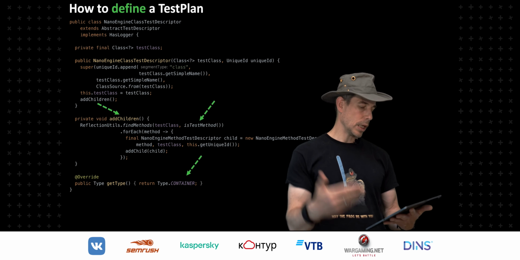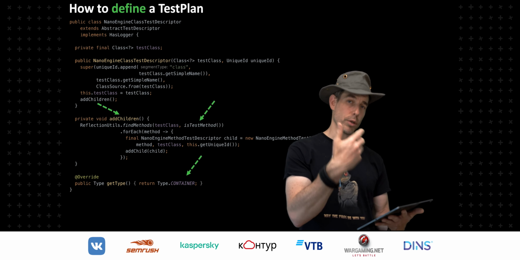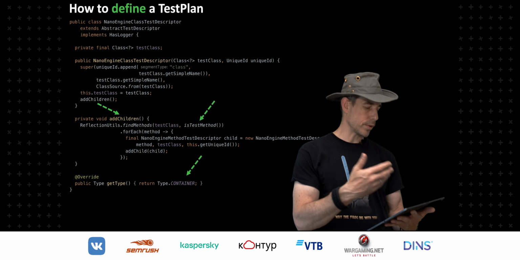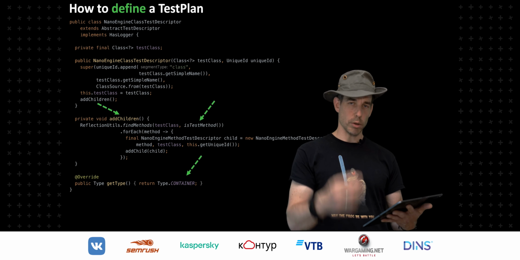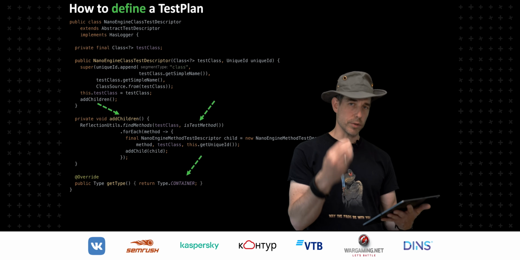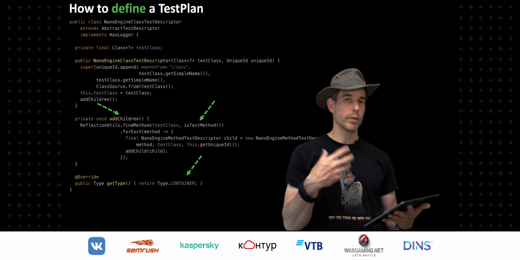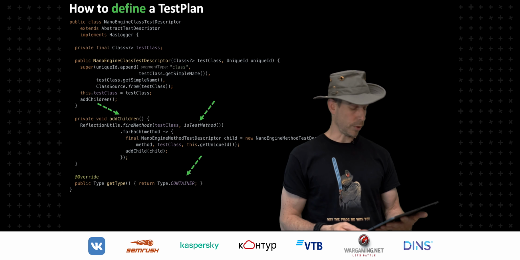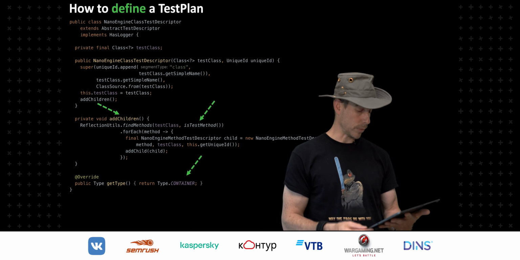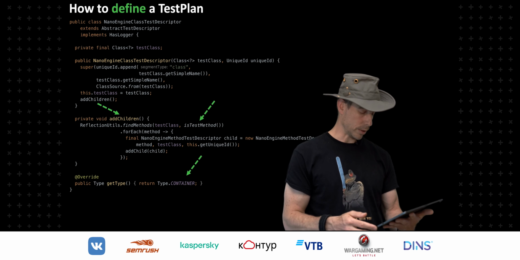Here what I'm doing, if there's an invocation of this container instance, this test class or class test descriptor, I'm grabbing all the information from the class itself, and then I start going over all declared methods and creating the child nodes for this one and adding this one. Yeah, that's it. And it's of type container.